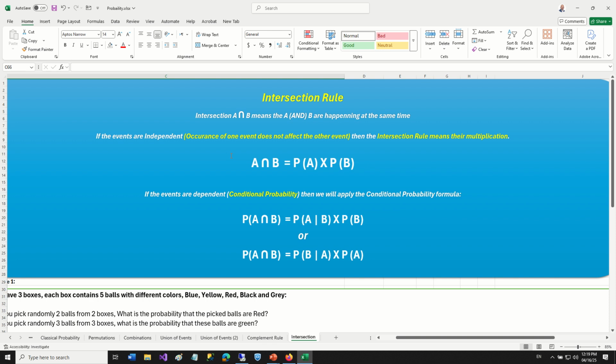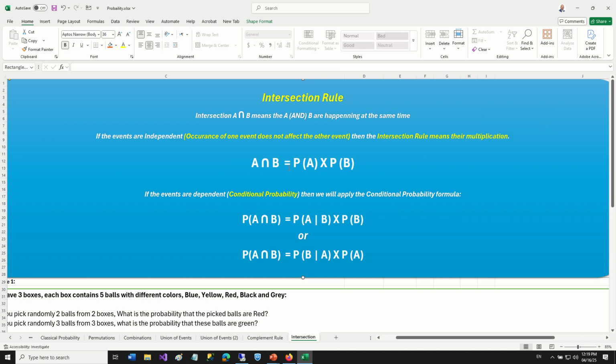So we have two situations: if the events are independent or if the events are dependent. If the events are independent, meaning that the occurrence of one event does not affect the other event, then the intersection rule means their multiplication simply.